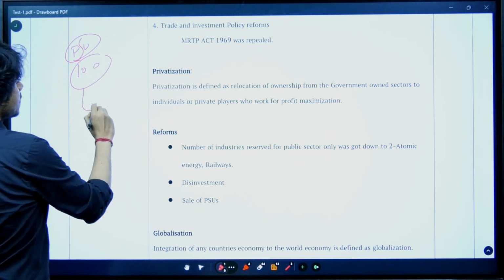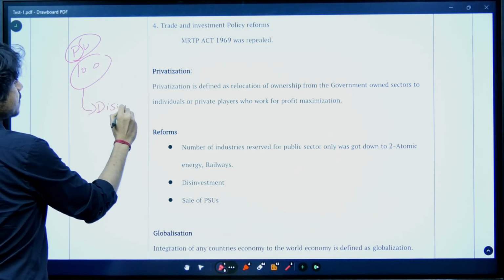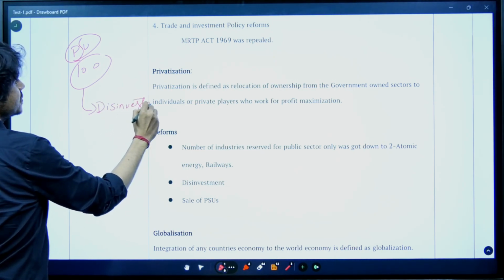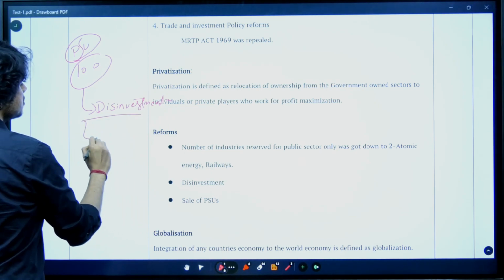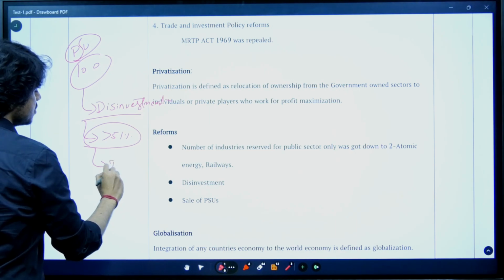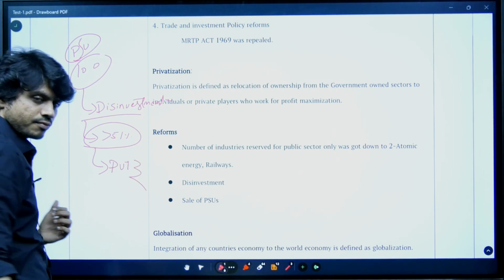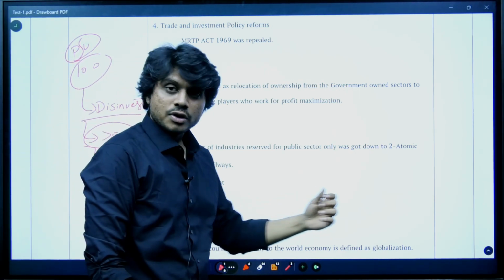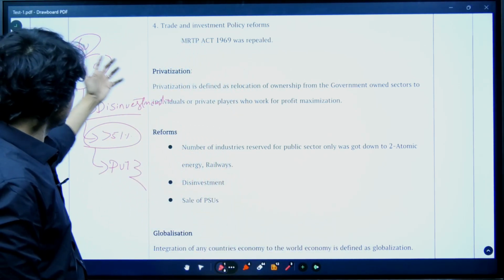That is called disinvestment. When the disinvestment goes beyond 51%, it can be called privatization. Even today we are doing this.